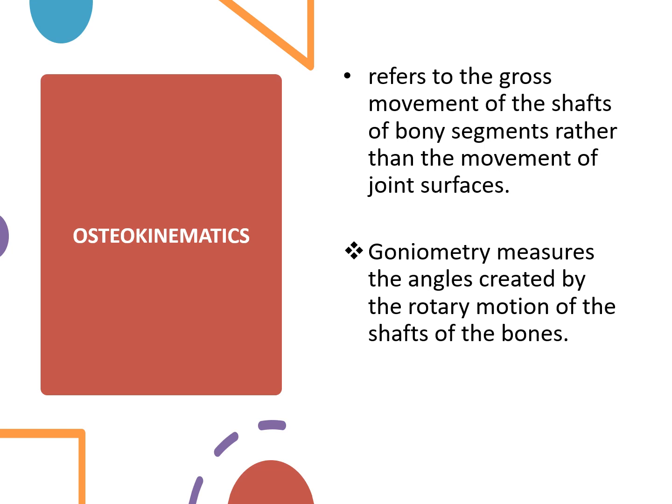Those are the large bony segments which are moving. Suppose I am doing shoulder abduction or shoulder flexion, you can see my shoulder moving in a particular direction. You can see that bony segments are moving. You can understand those movements. That is known as osteokinematics.